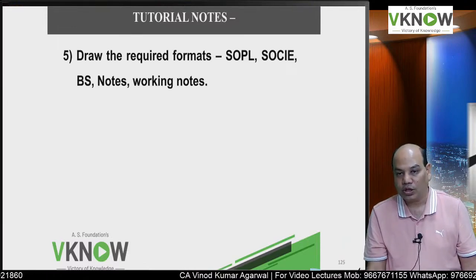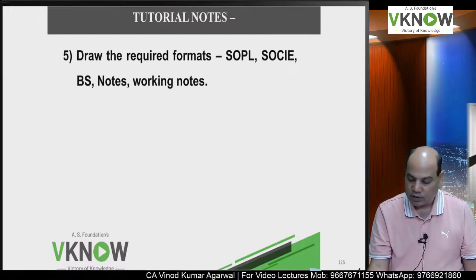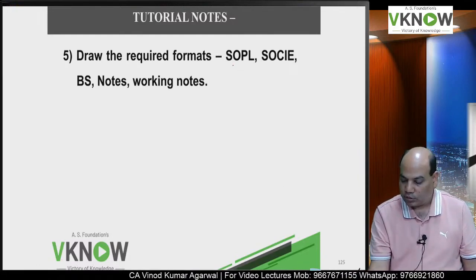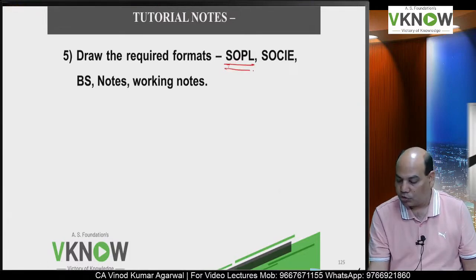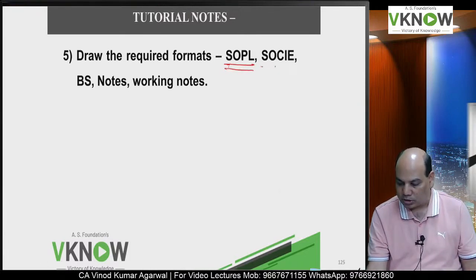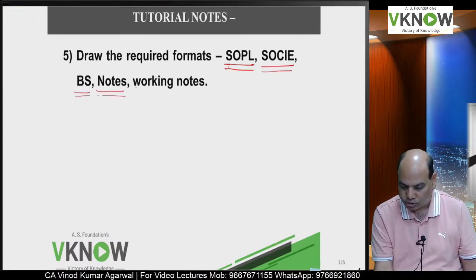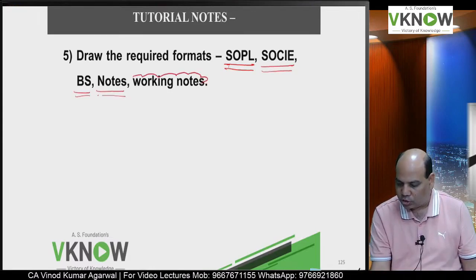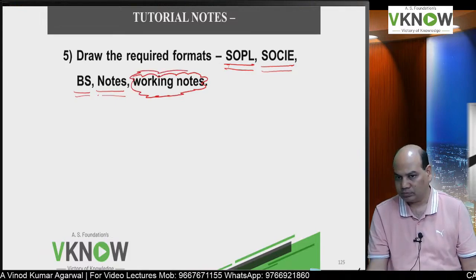Then according to the given question, draw the formats. Usually in this chapter I will require following 5 formats. At least 4 I will require. SOPL, statement of profit and loss, SOCI, statement of change in equity, balance sheet, notes. Working note depending upon the question.